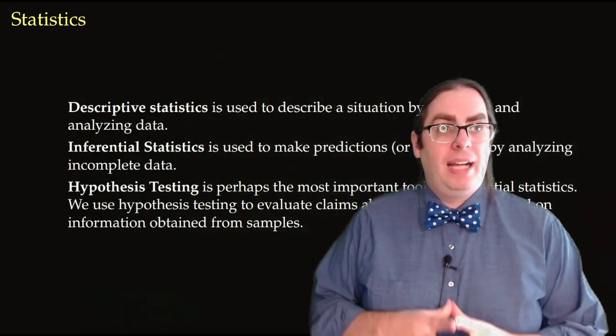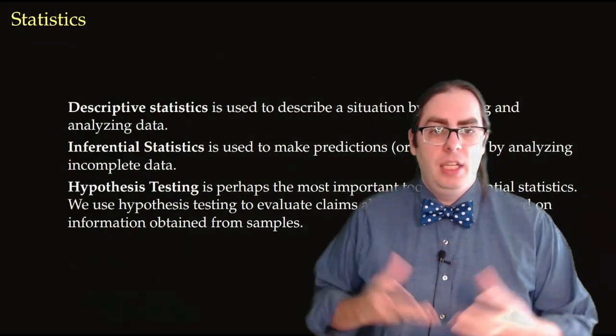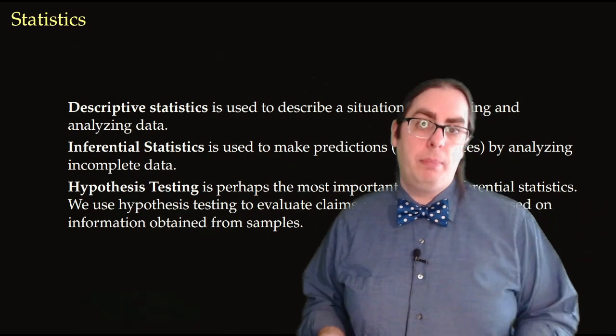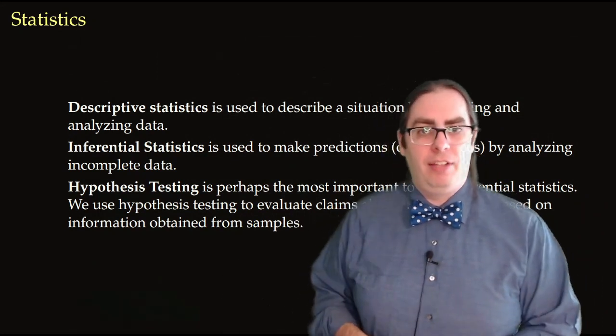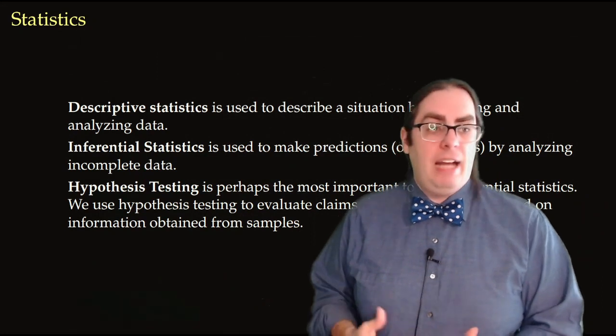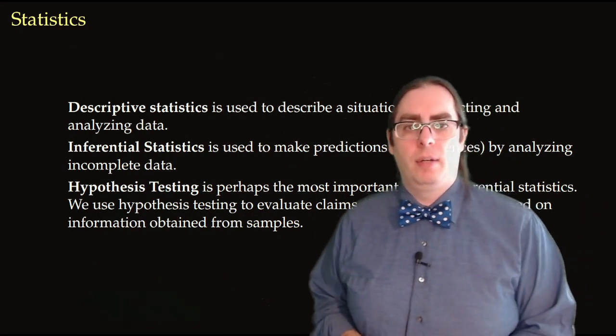A common idea in hypothesis testing is to take two samples of a population, assign one of those samples as the control group, and have them continue on as they are.